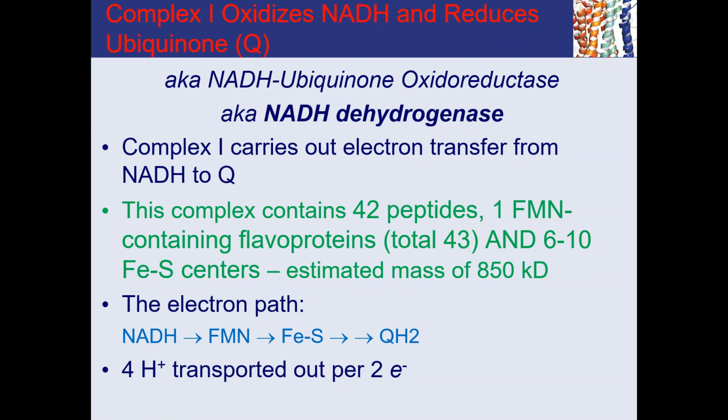So that's what this line means. 4 protons transported out from the mitochondrial matrix into the intermembrane space, like between the outer mitochondrial membrane and inner mitochondrial membrane.